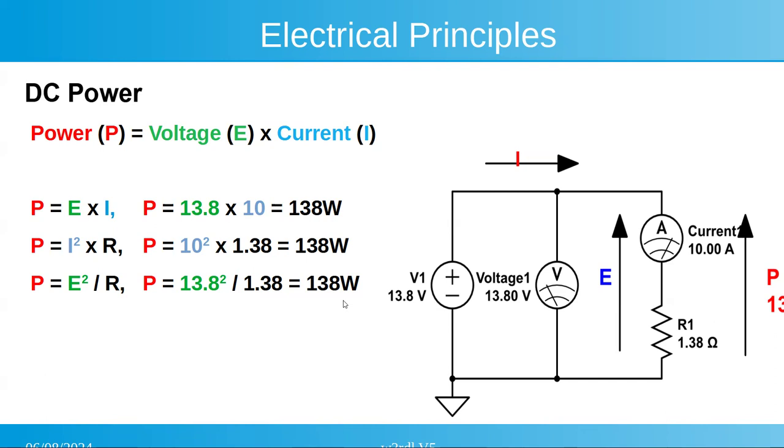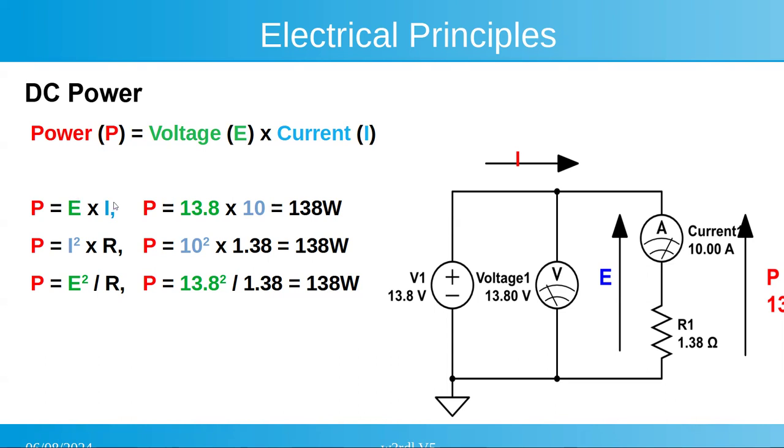So all we have to do is multiply what we know to get what we don't know. Now, the one thing that is important to remember for the future is that the power formula, I squared R, is real power.